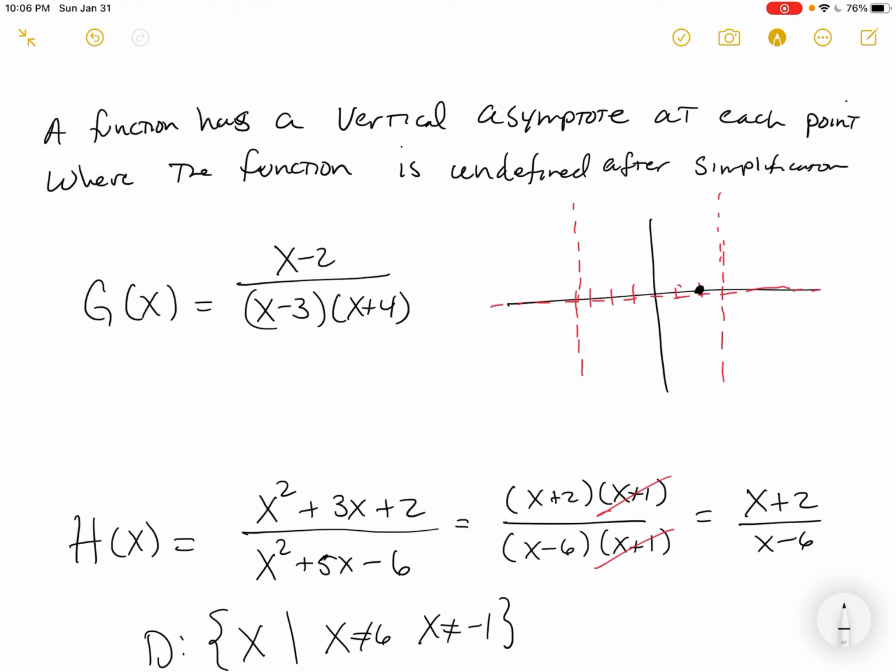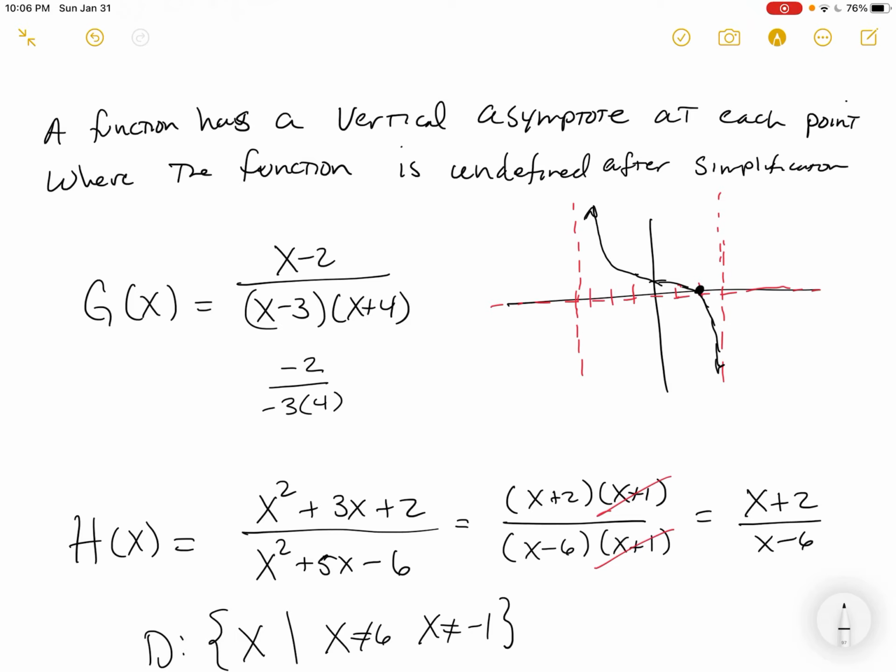If we plugged in 0 to get our x-intercept, we'd have negative 2 over negative 3 times 4. And so that's a negative over a negative, so that's a positive. So we're up here, passing through this, and going like that. And then we must be, since there's no other 0, coming up to this guy right here.